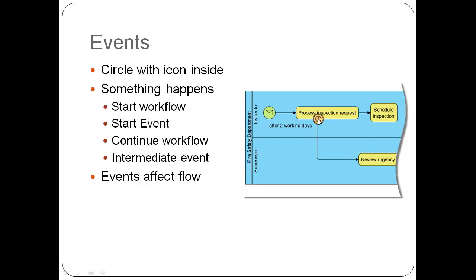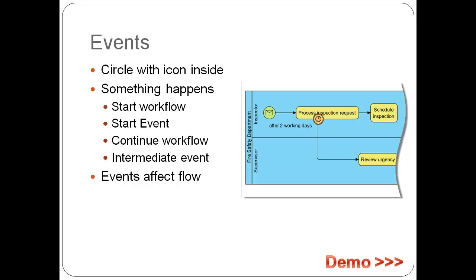But in case it doesn't complete within 2 days, then it will go to review the urgency, and maybe if it is very urgent, the supervisor will handle it himself or assign the inspector to do another part of the work. So the event could affect the flow of the business process.